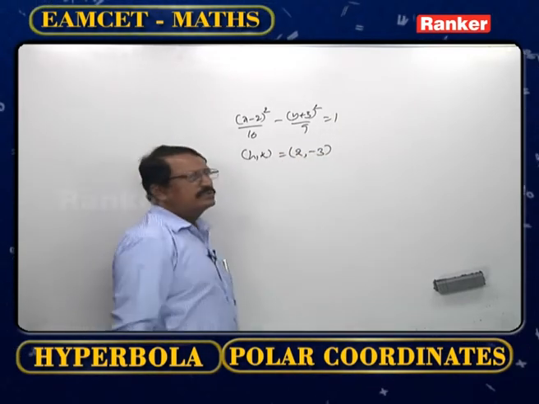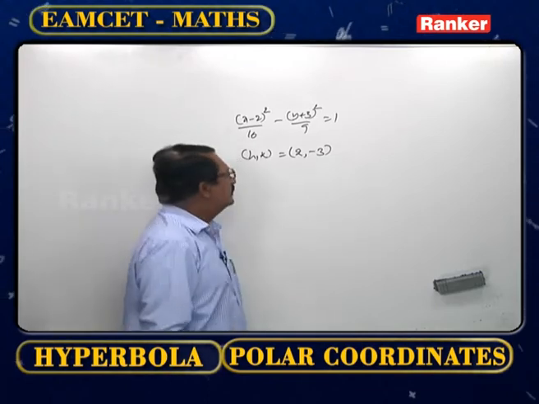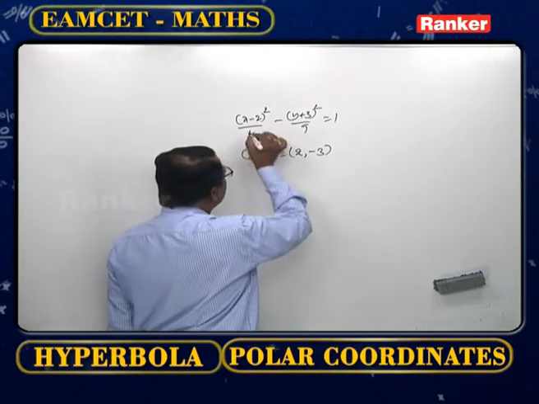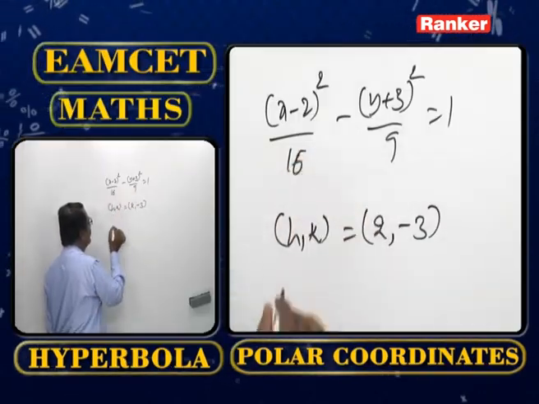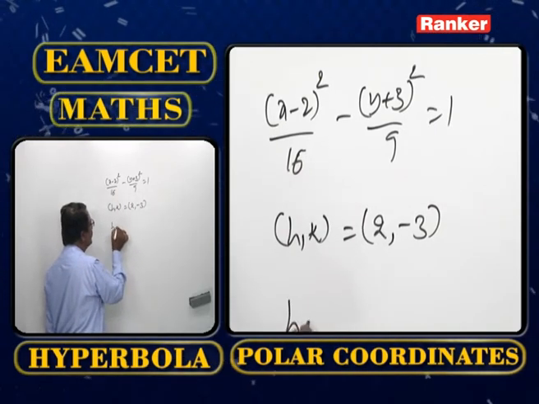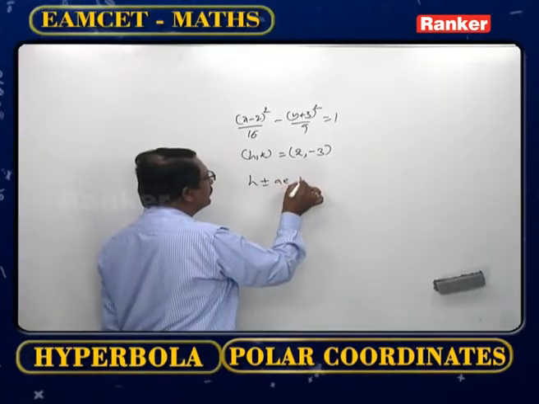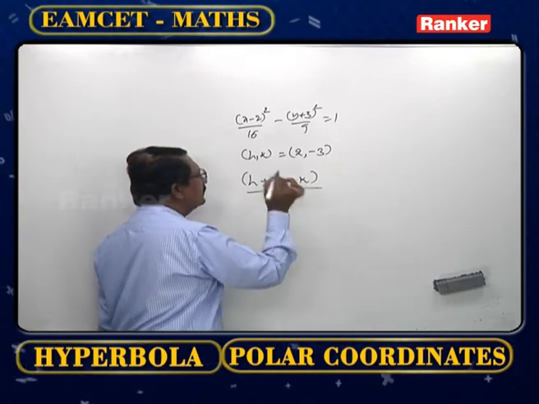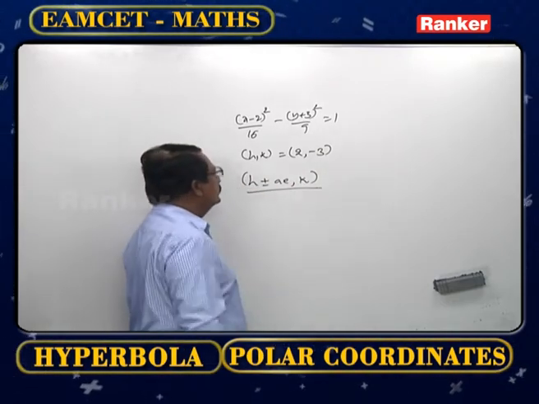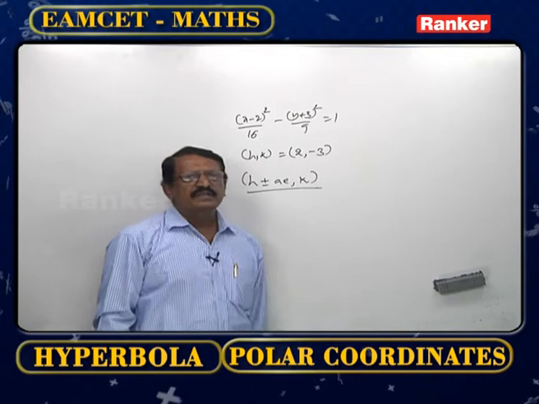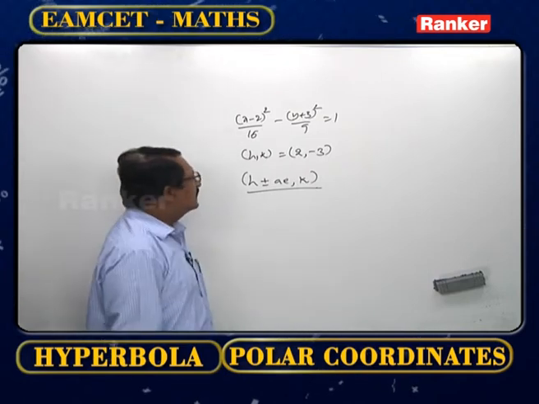Since it is a hyperbola, h plus or minus ae comma k are the foci. One focus is (h plus ae, k), the second focus is (h minus ae, k).